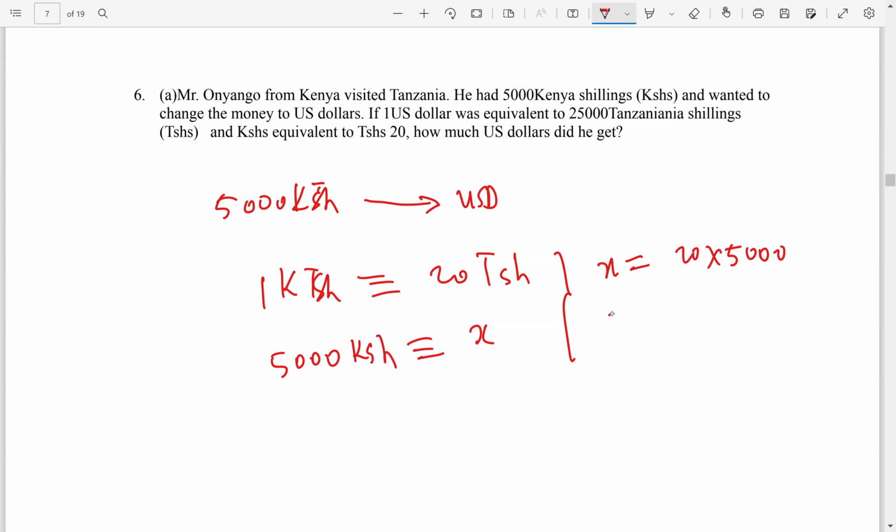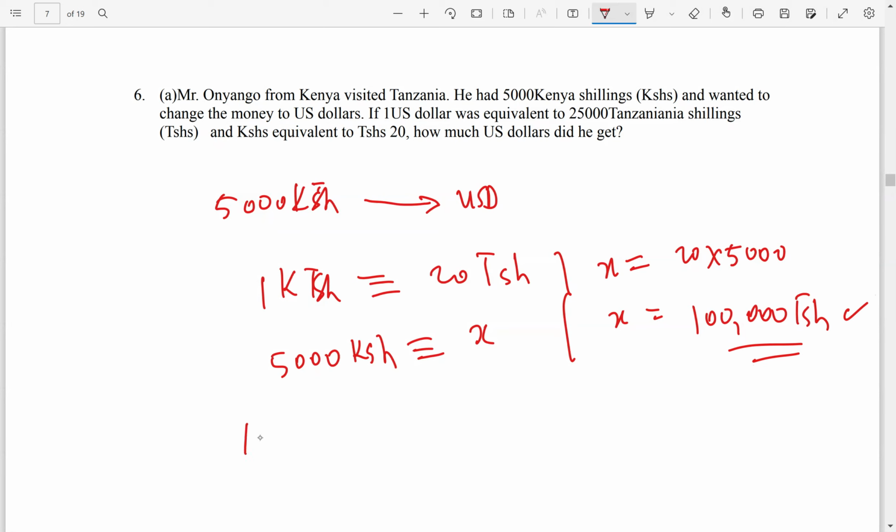So eventually X will be 100,000 Tanzanian shilling. So now we are going to change 100,000 Tanzanian shilling into USD.